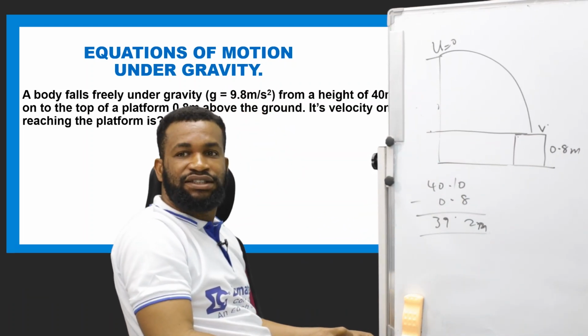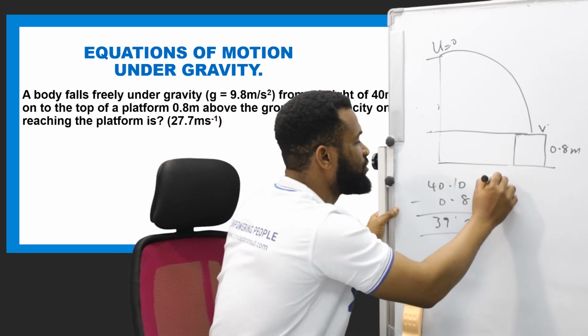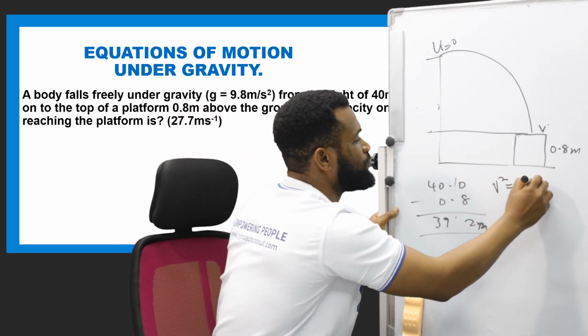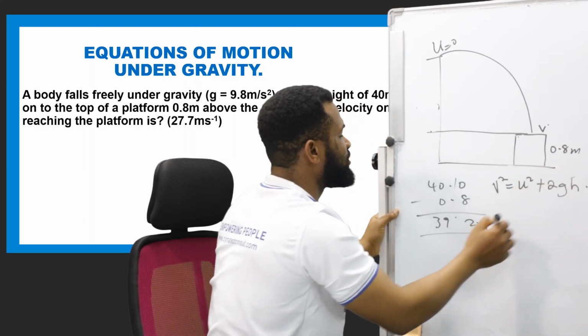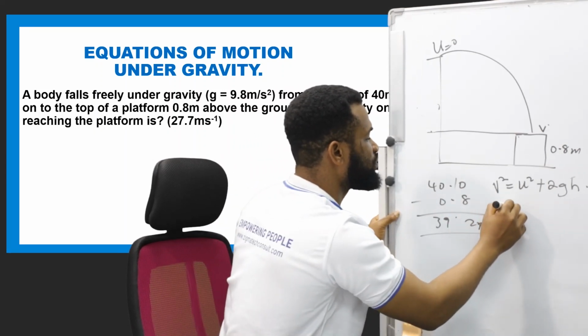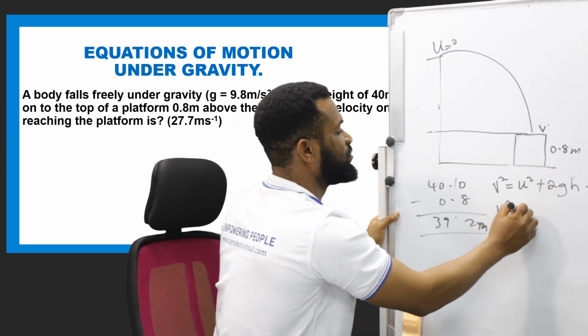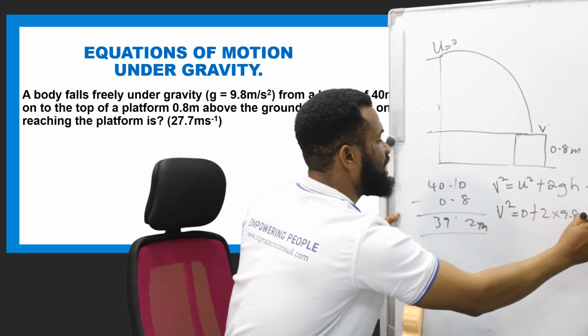And remember what I said previously, that for this kind of question you need this formula: v squared equals u squared plus 2gh. So the height is no longer 40, it's going to be 39.2. So I'm having v squared equal to 0 plus 2 times 9.8 times 39.2.